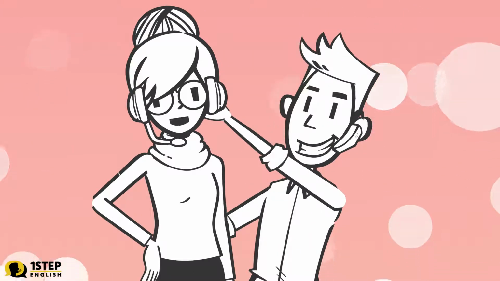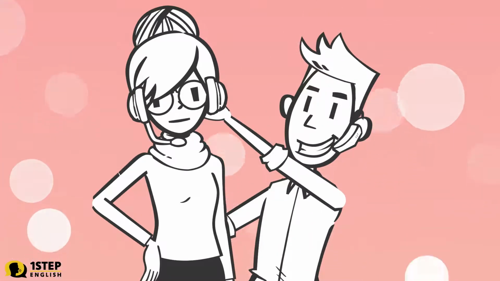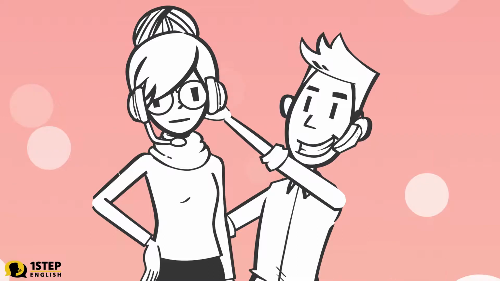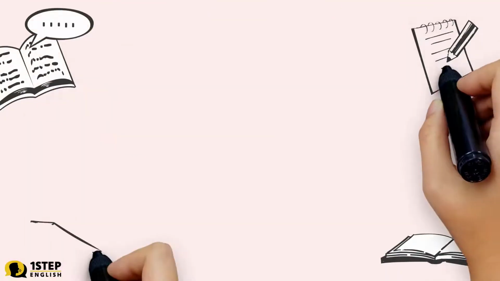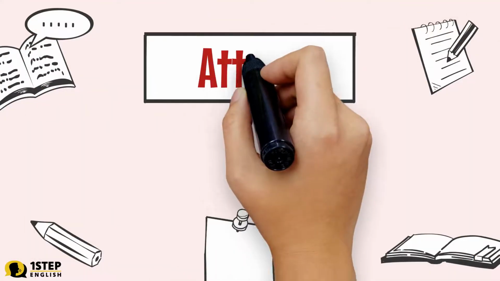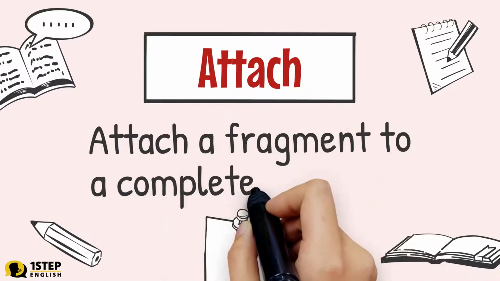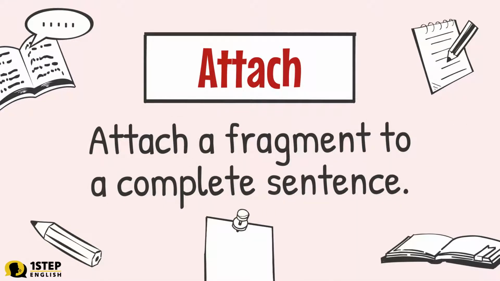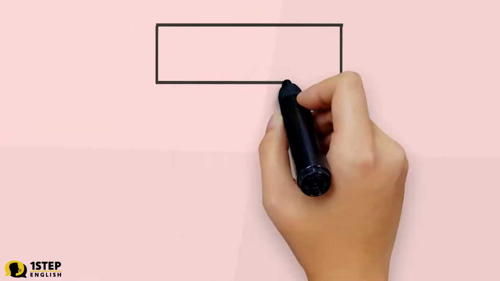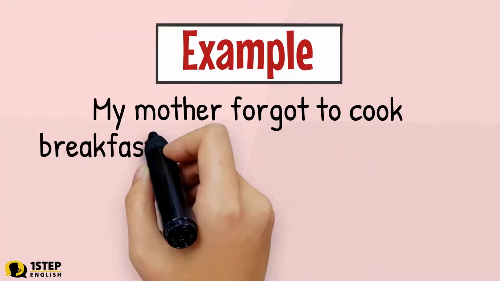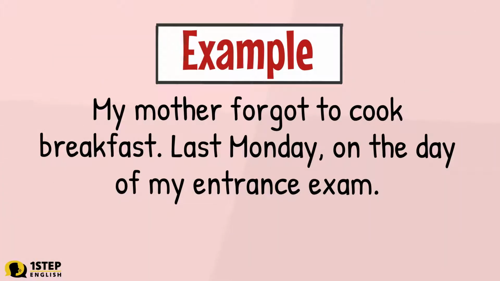There are some ways to make a fragment into a complete sentence. To be able to make a fragment a complete sentence, you need to attach it to a nearby complete sentence, to make one new sentence from it. For example, My mother forgot to cook breakfast.